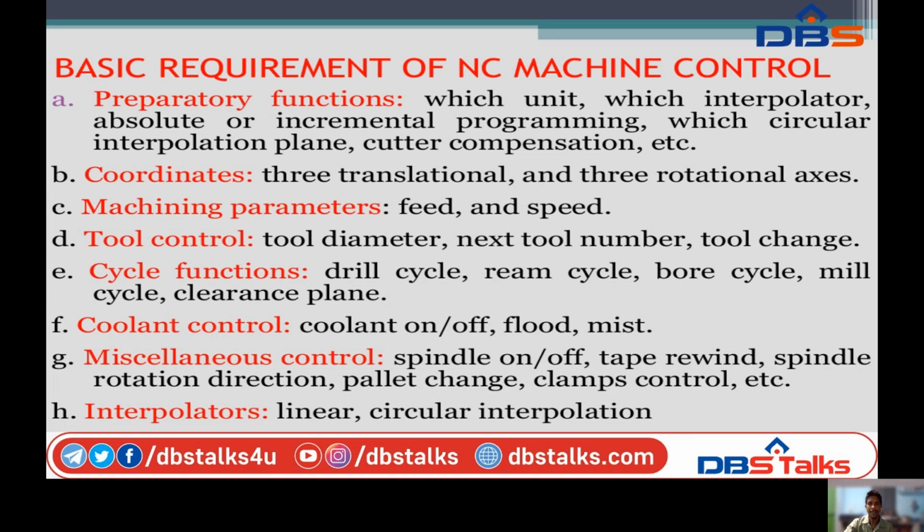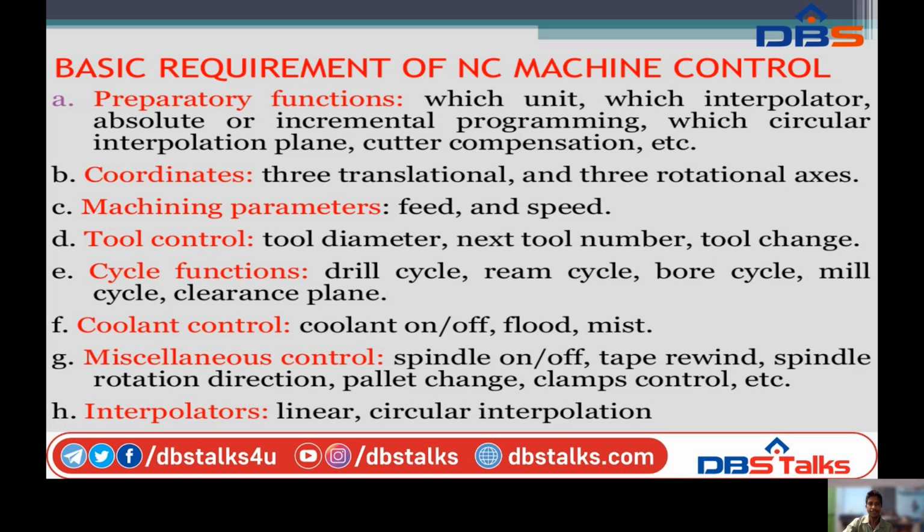Next, basic requirement of NC machine control. What are the basic things in the NC machine control unit? Preparatory functions, coordinates, machining parameters, tool controls, cycle functions, coolant control, miscellaneous control, and finally interpolators. First of all, I'm starting with preparatory functions.